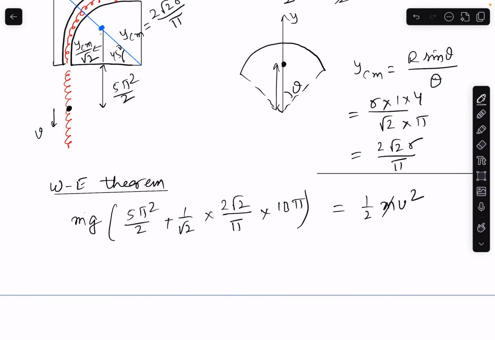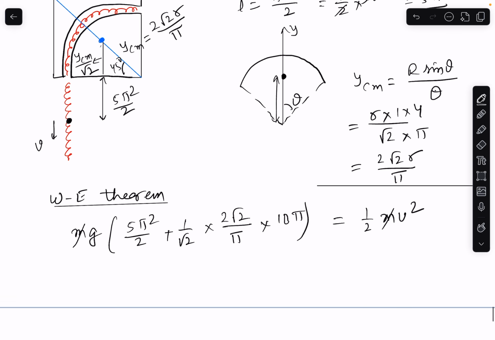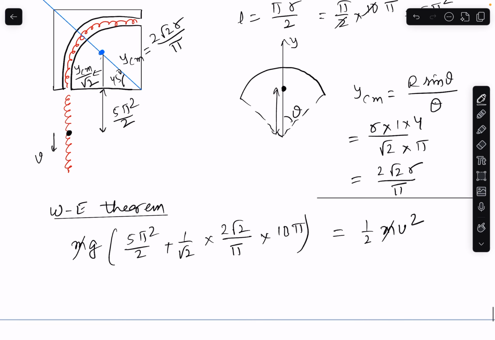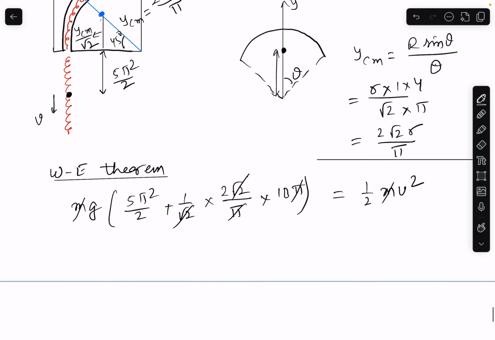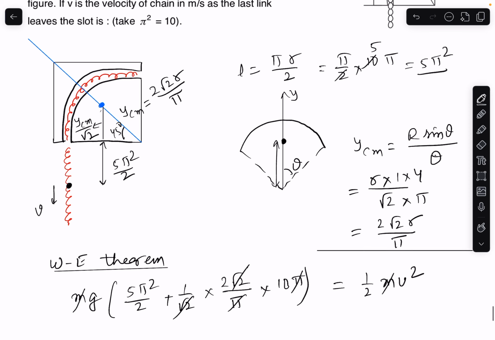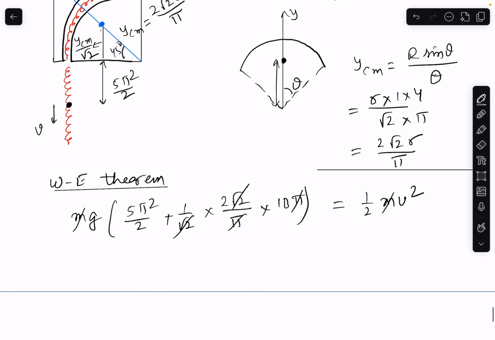So you can cancel m on both sides, and if we solve it a little bit, this root 2 will get cancelled, π and π will get cancelled. And also we have to take π² as 10. So you get g into (5 by 2 into 10 plus 20) equal to v squared by 2.